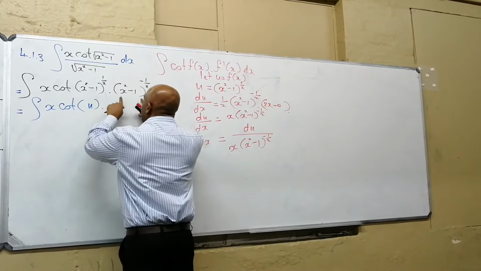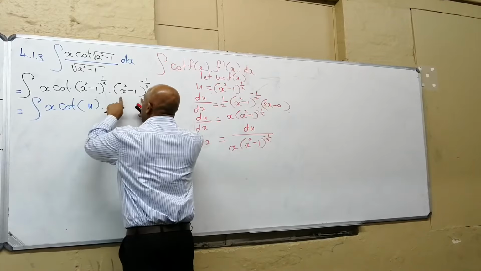You can see that. So what happens here? You can see that here x and x cancel, that and that will cancel. So what do we have? We end up with just an integral of cot u du, which is a standard integral.